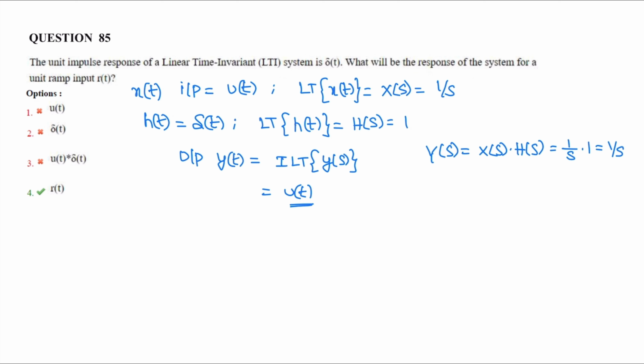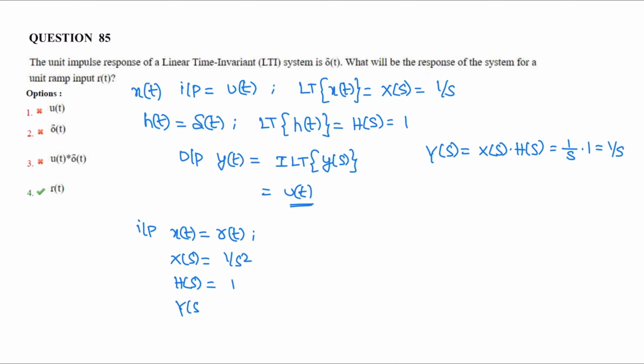What will be the response for the system if input is ramp? If x of t is ramp signal, that is r of t, input x of s is 1 by s square and h of s is delta of t, that is 1.